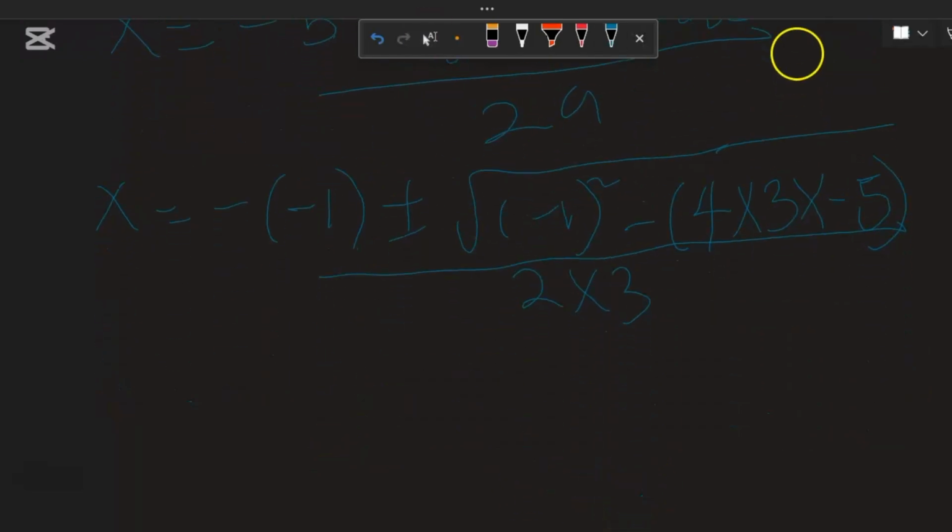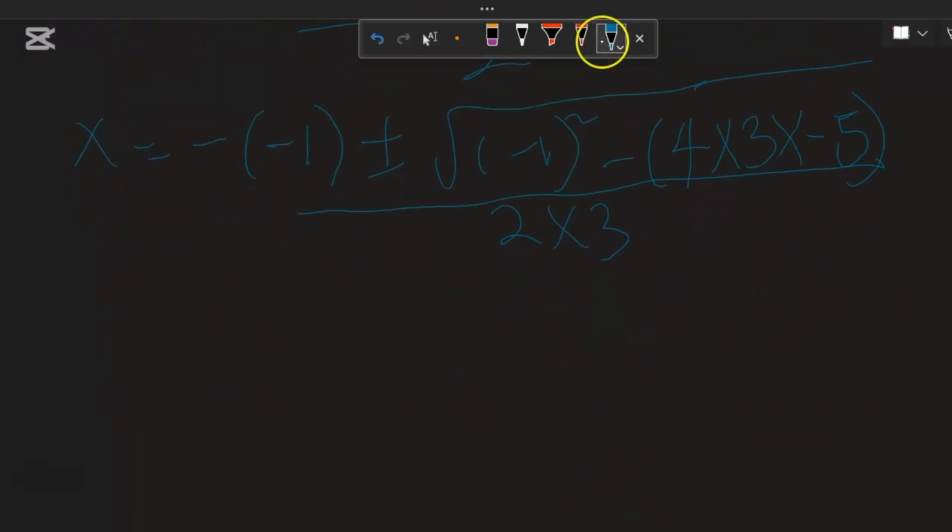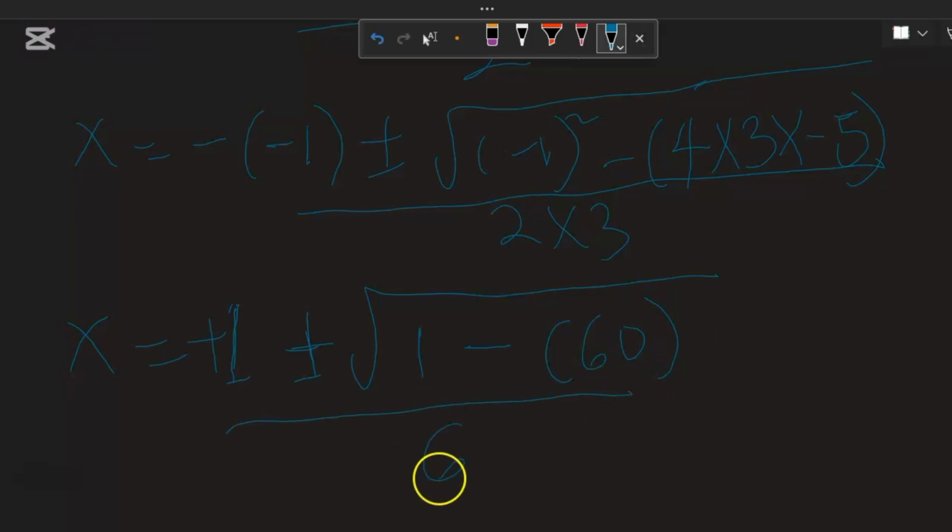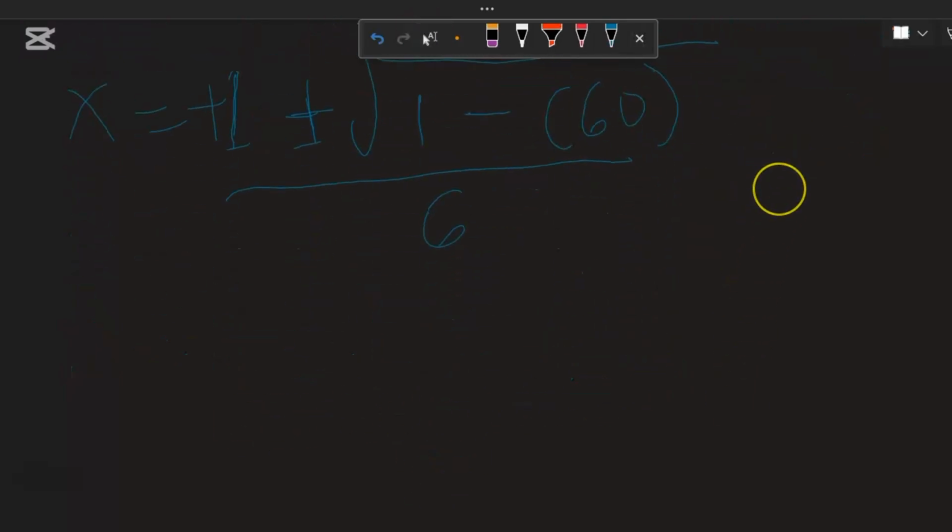Now let's simplify this: 1 plus or minus the square root of 1 minus 12 times negative 5, that's 60, over 6.